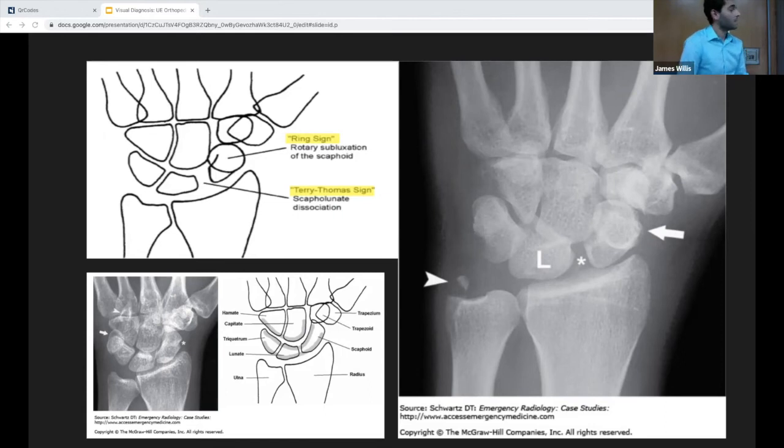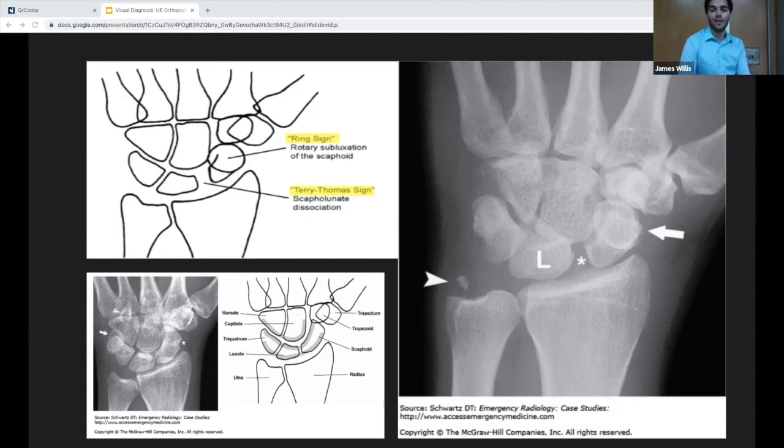So normally, the spacing between each of the carpal joints is about 1 to 2 millimeters, and you see where that star asterisk is pointed, there's a widening of that region, and that happens when you get disruption of the scapholunate ligament, leading to what they call a Terry Thomas sign. And Terry Thomas was apparently a famous British comedian who had a huge gap between his incisor teeth. So next time you see that, you can let ortho know that there's a Terry Thomas sign.